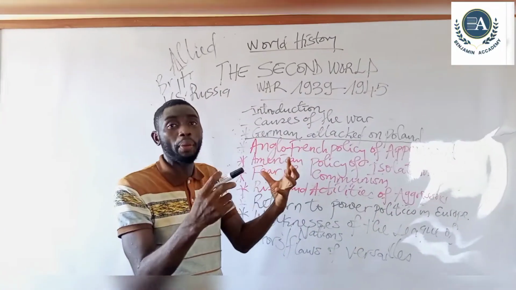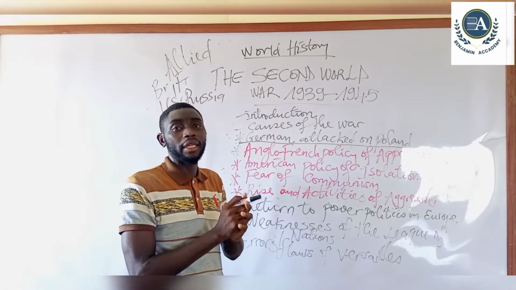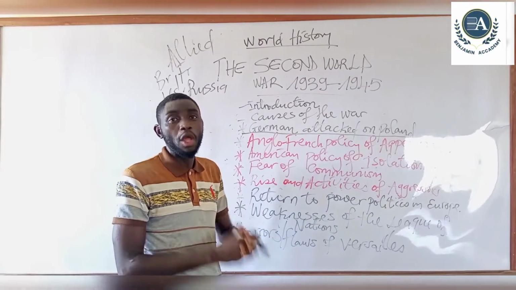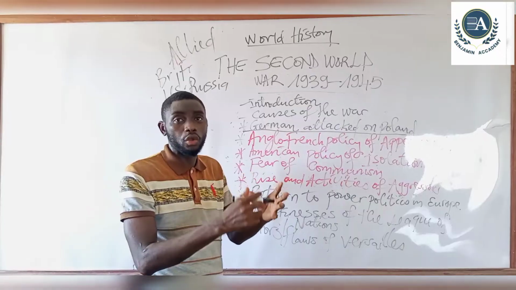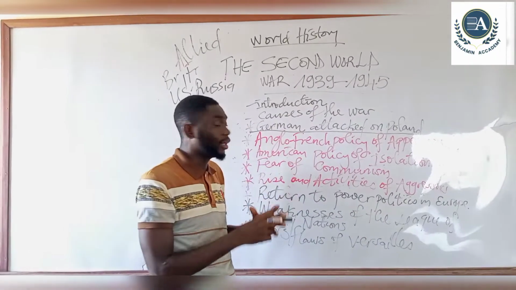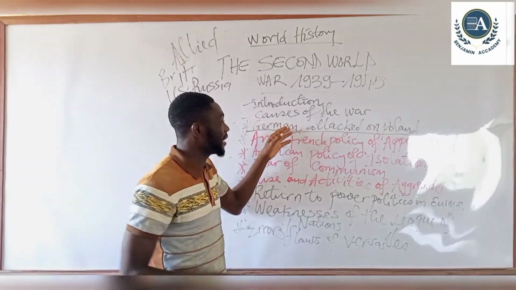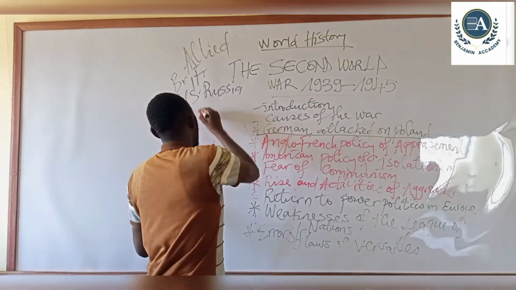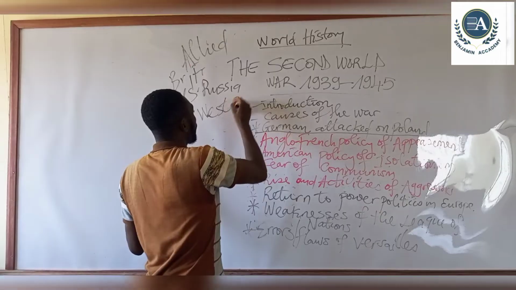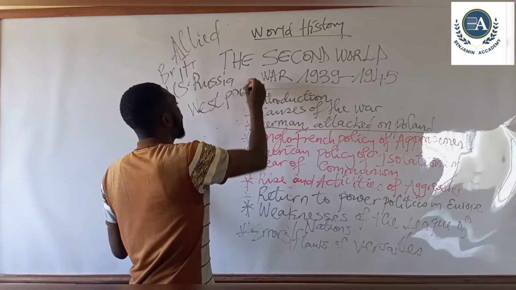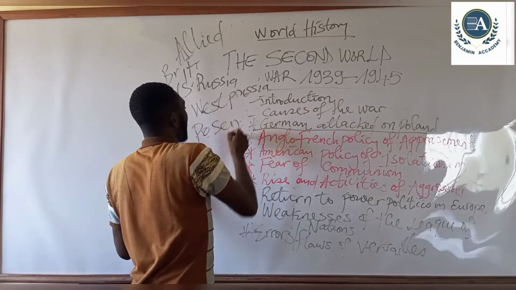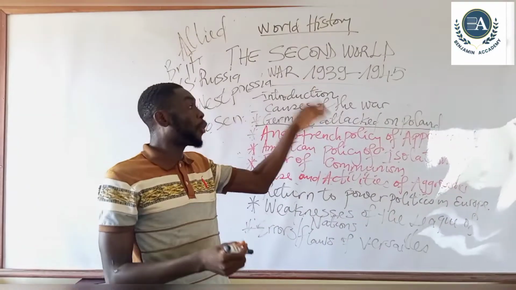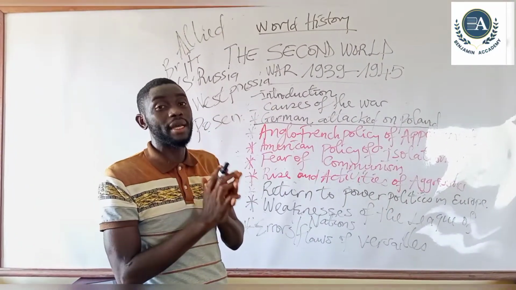For example, we can talk about Eupen and Malmedy. They were German territories that were seized and given to Belgium. Upper Silesia was given to Poland. We have Danzig and the Polish Corridor. The Polish Corridor we can call West Prussia and Posen. They were all German lands that were seized and given to Poland under the Treaty of Versailles.